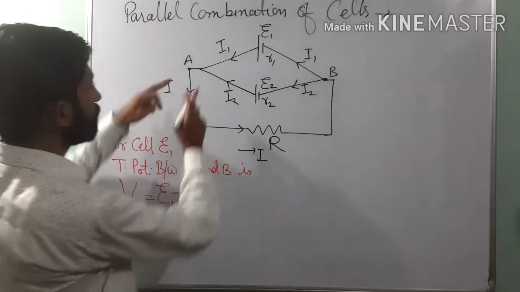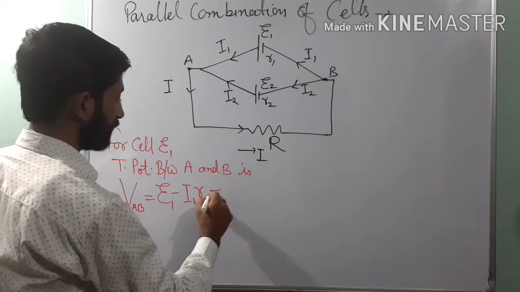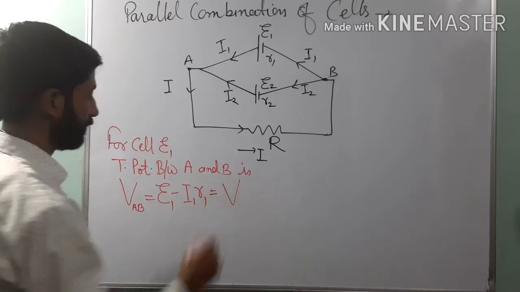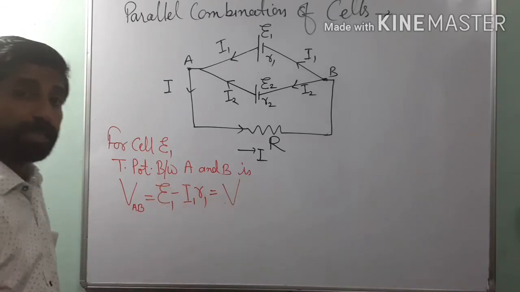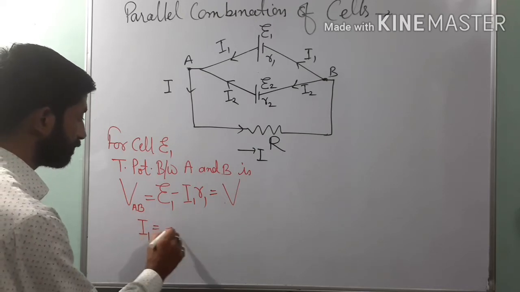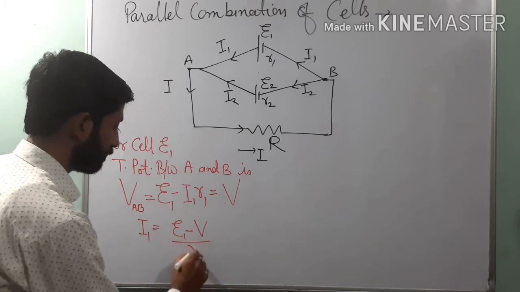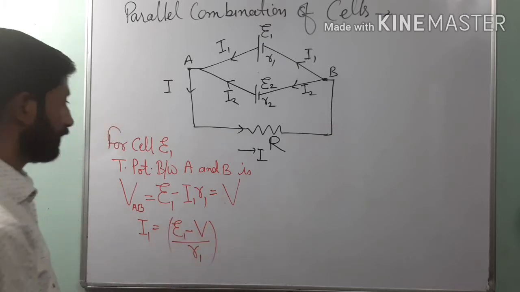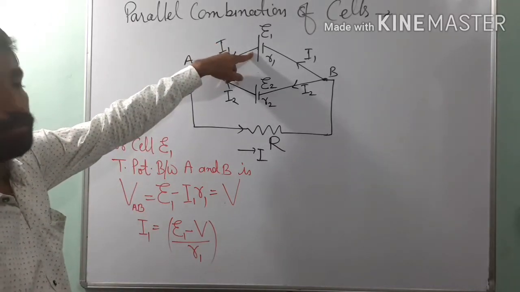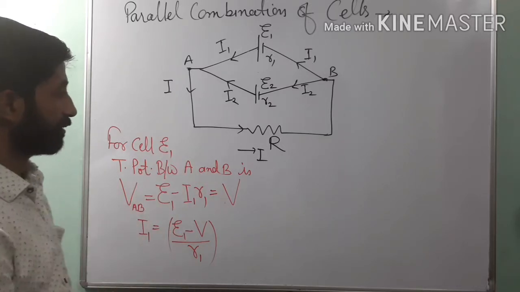And this potential between A and B we can call V. So what is I1? I1 equals (E1 minus V) over R1. This is the current given out by the cell E1. Mind it, this relation will continue as it is.